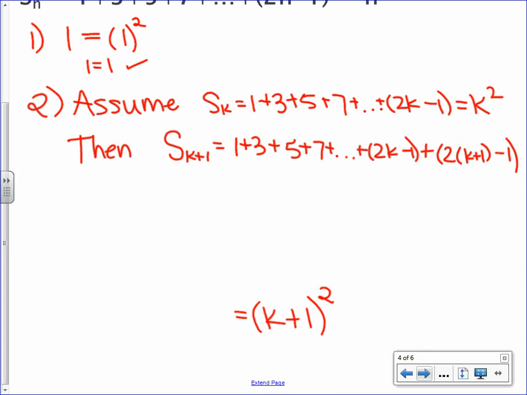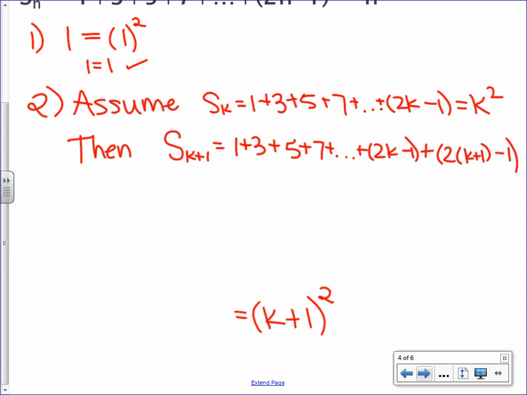We need to show that this formula is the same thing as k plus 1 squared. Here I have the sum of the first k terms is k squared. So now we're going to work with the first k plus 1 terms, and we need it to equal k plus 1 squared. Is everyone okay with that?